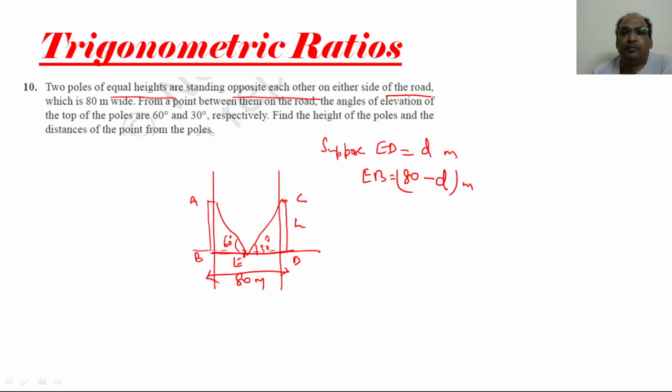Okay. Now we can make the relations in triangle ABE. So now, suppose the height of the pole is h, so h by EB is equal to tan 60 degree.